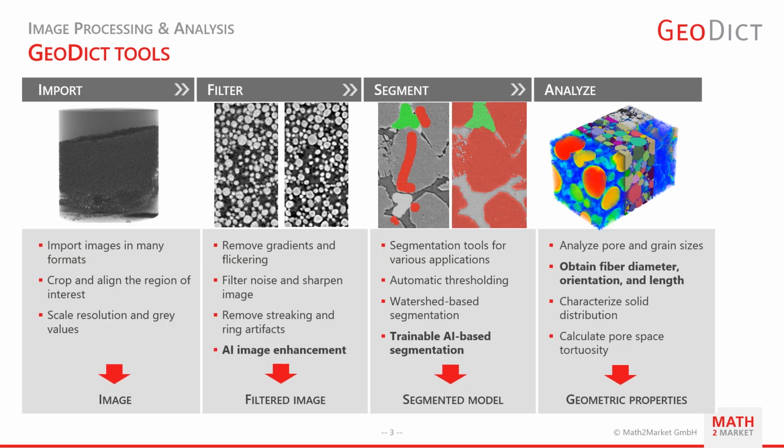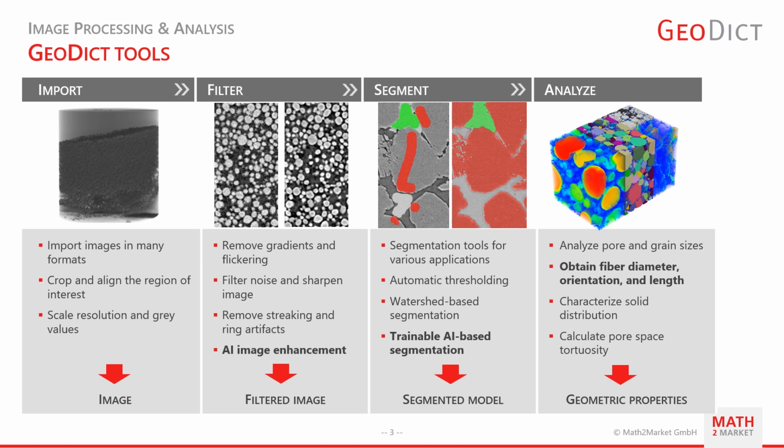Now, to get to the actual topic of the talk, let's have a look at this overview slide. You can see a brief summary of all the steps we consider part of the image processing and analysis workflow in GeoDict. Here the workflow is split up in 4 steps. First of all, importing and handling data, so for example, cropping the images or aligning them.